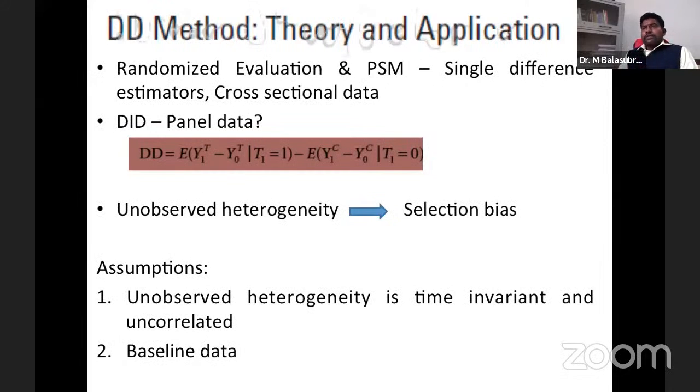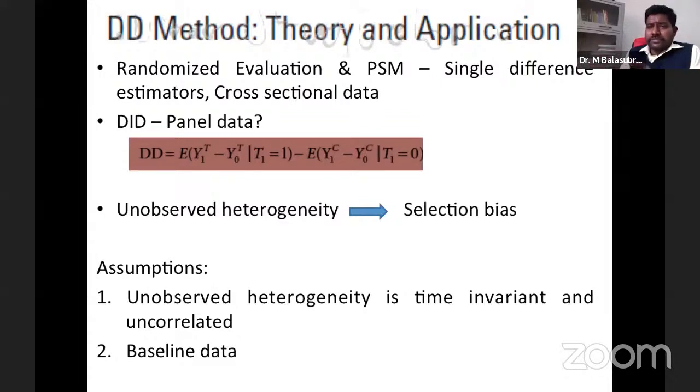Before that, as I said, there are many impact evaluation tools, like PSM, the propensity score matching, and randomized evaluation techniques. Beyond that, there is the combination of double difference and PSM, and after that we can go for instrumental variables and regression discontinuity models.